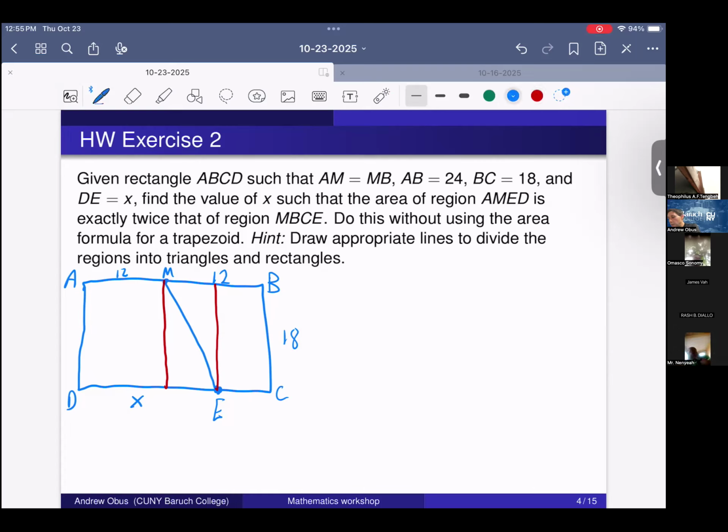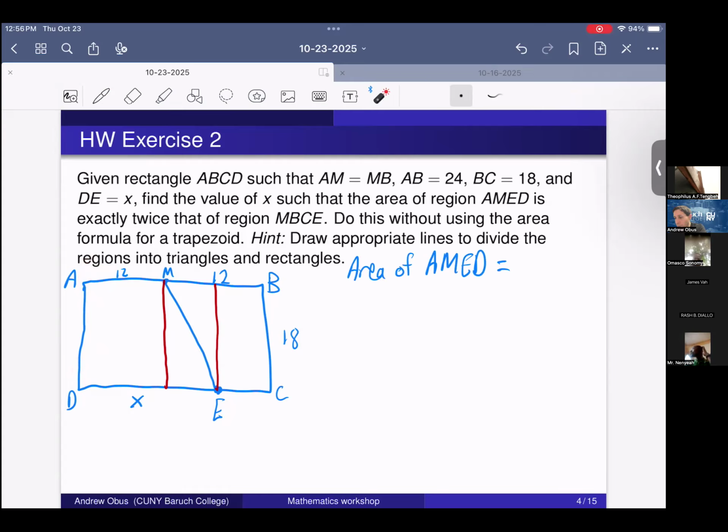And what we should do is calculate what the area of each region is, right? So what's the area of AMED equal to? Well, we need to do the two pieces, right? So we have a first piece here. This is a rectangle. Its length is 12, and its height is 18.